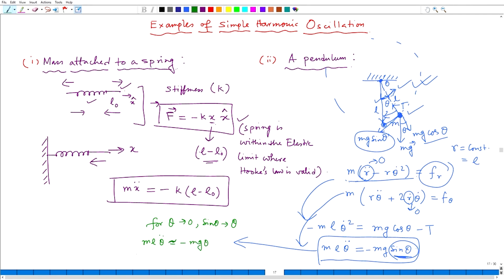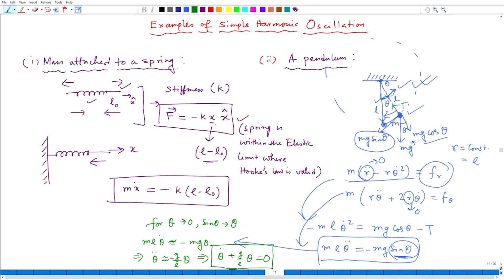Then my theta double dot is almost minus g by L theta, and you have theta double dot plus g by L theta equal to 0. It looks like an equation where theta is expected to execute simple harmonic oscillation.